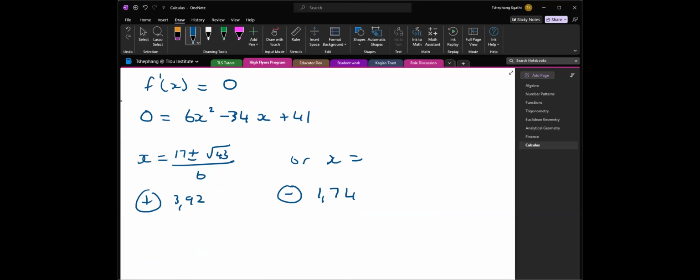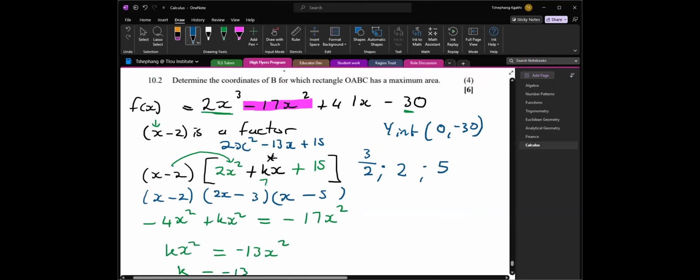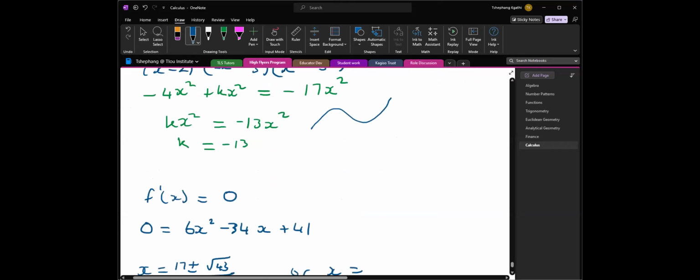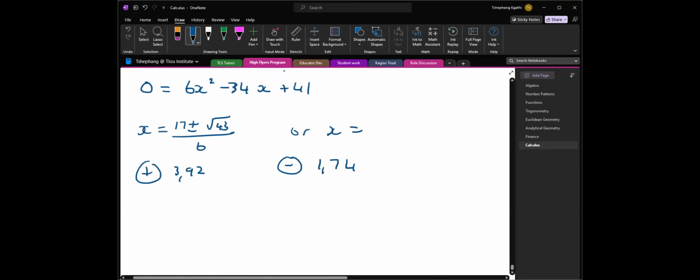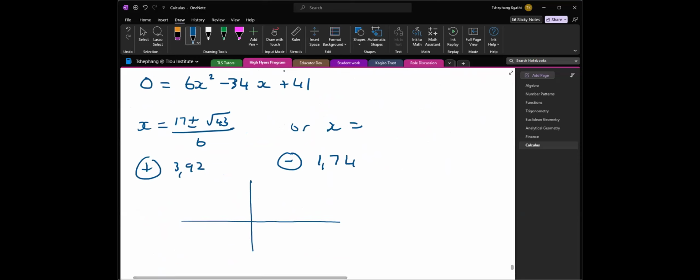This will be the one on the far left. Because we are dealing with a positive A, we know the shape of our graph is going to be like that. It starts by increasing. I'm going to draw something that looks a little bit like our graph.